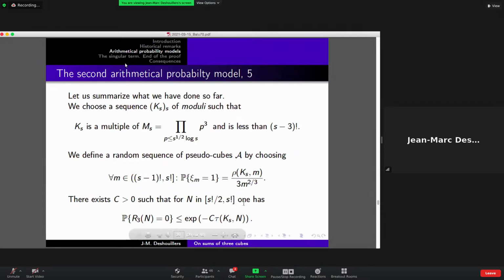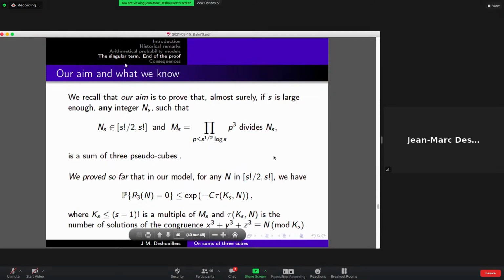And this will depend on the probability of the residue classes of n mod Ks. Okay, fine. So now, this is for n in the range s factorial over 2 to s factorial, we have this.